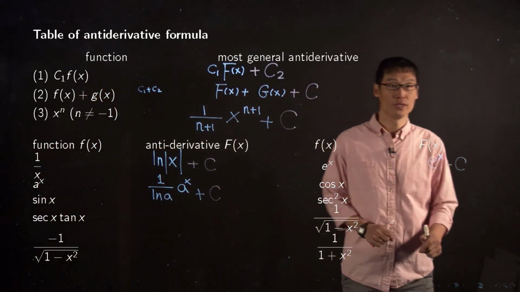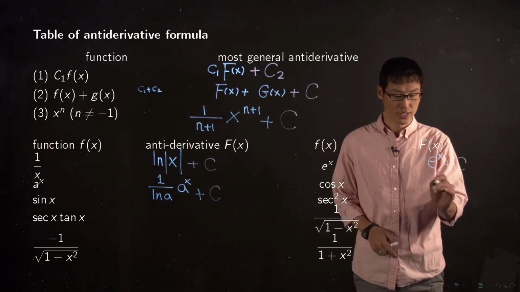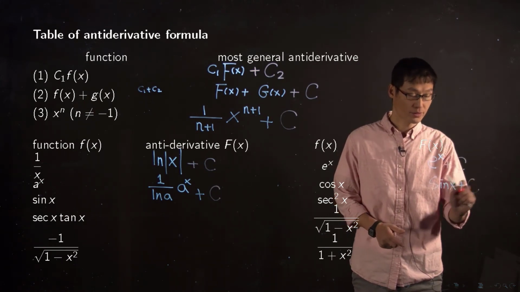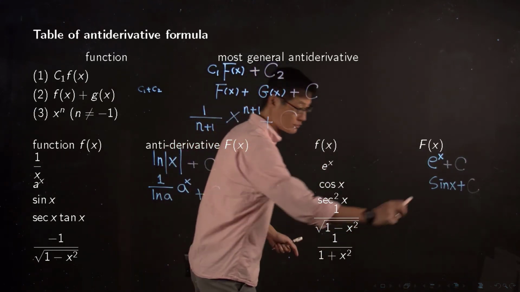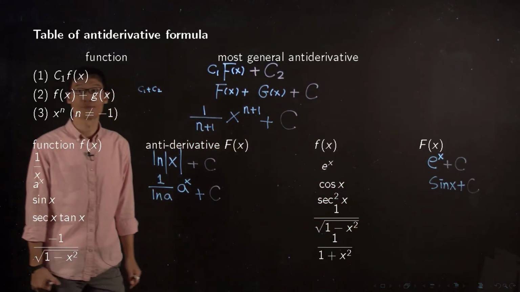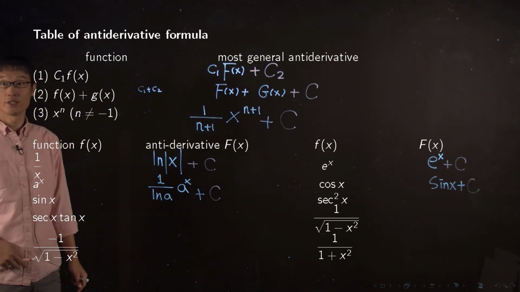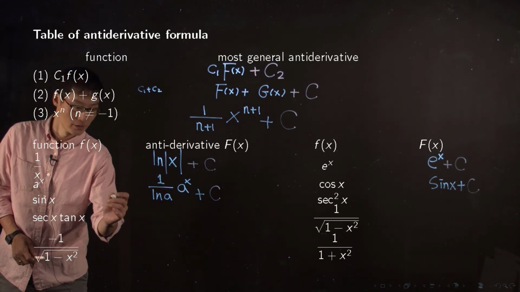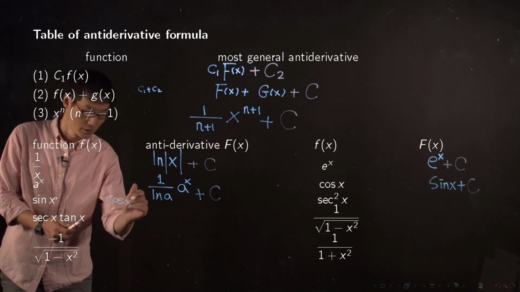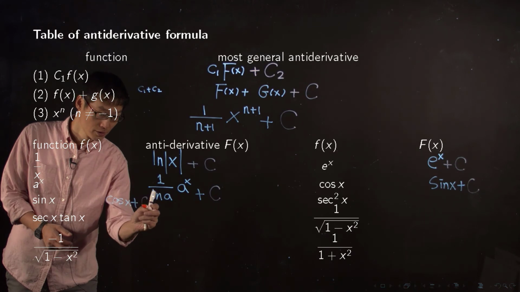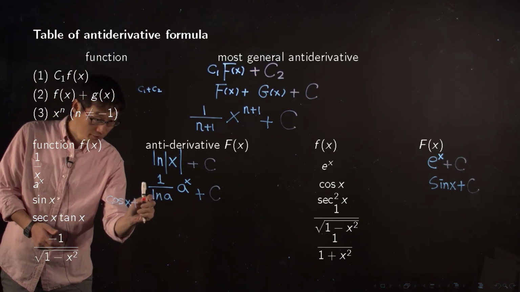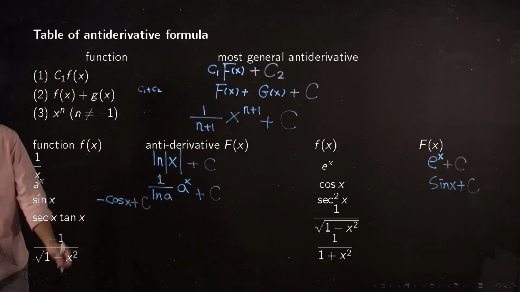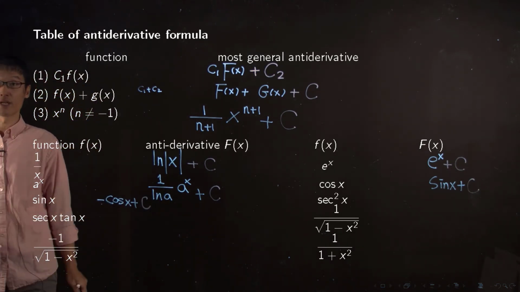Cosine, well, derivative of sine is cosine, so we have sine of x plus constant. And derivative of this is exactly cosine. For sine, we need cosine. Oh, I'm running out of space. Let me write here. Negative cosine plus c. Derivative of cosine will give you negative, that's why we need negative here. So derivative of that is exactly sine.